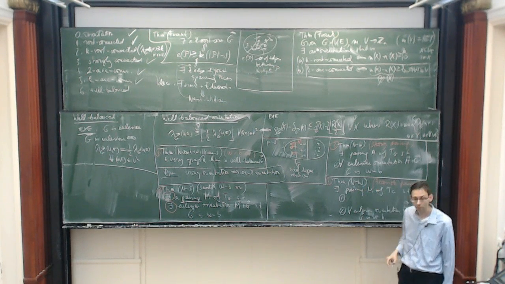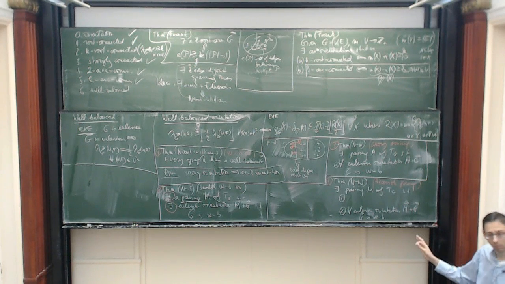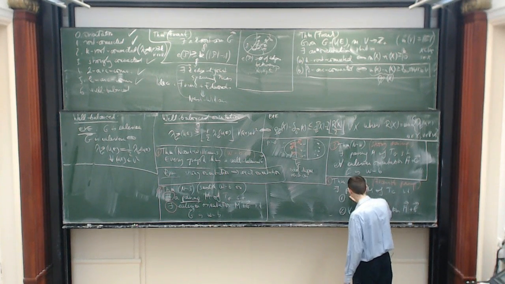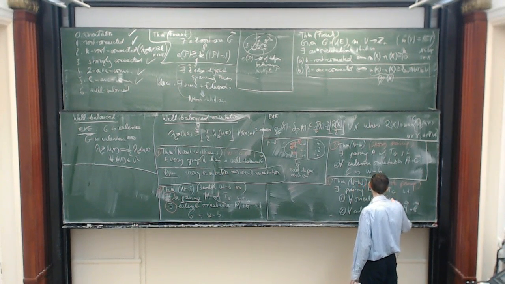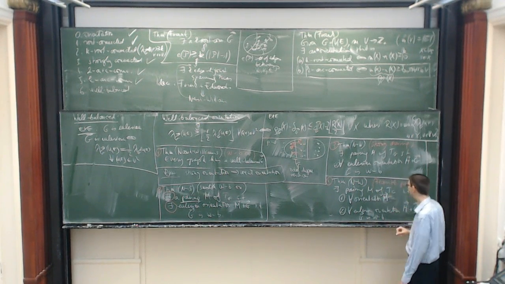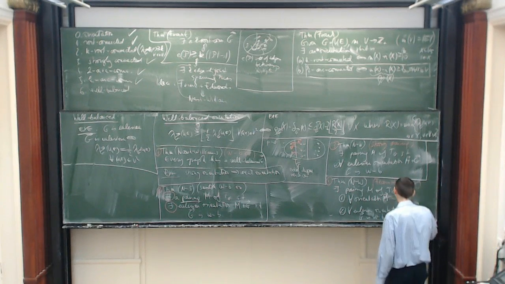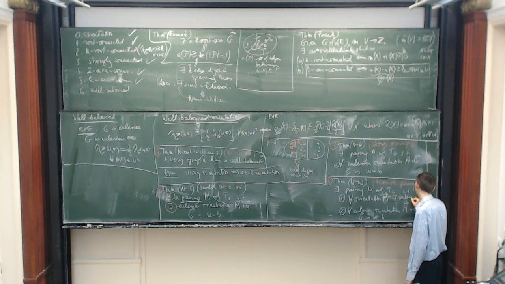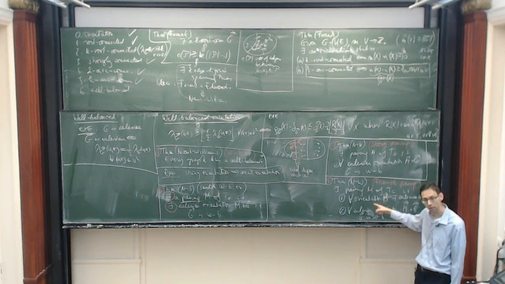But there is something more. We don't know anything about the orientation of M. And in fact, you can start as you want. For every orientation of M, there exists an Eulerian orientation of G plus M. So this is more.